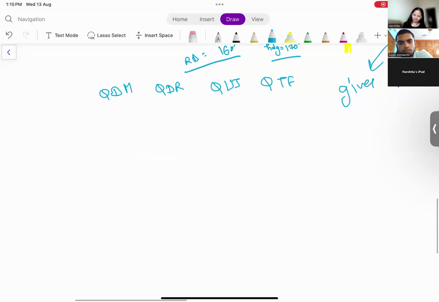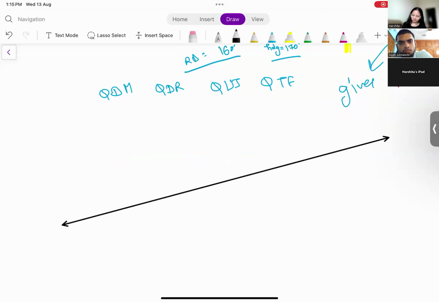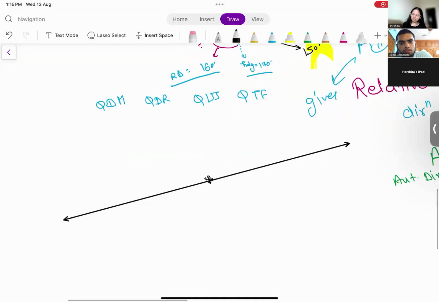Let us make one diagram first. This is your station. This is QDR. That means he is running away from the station, right? And who else is running away? QTE is also running away.